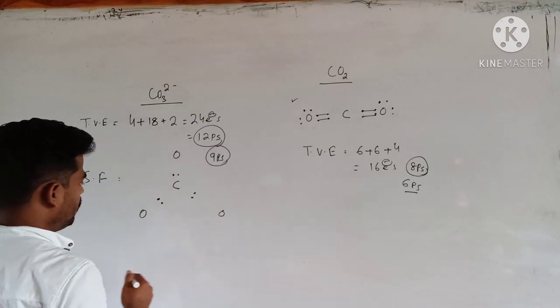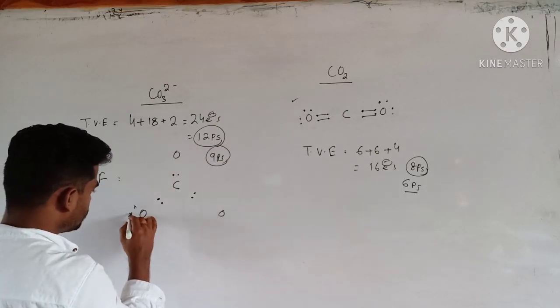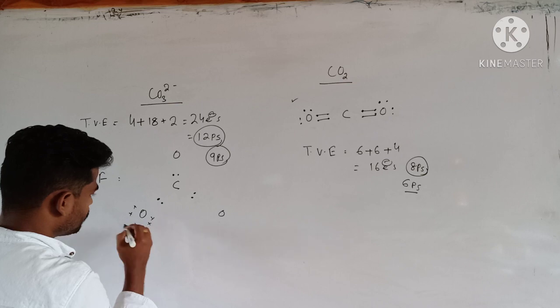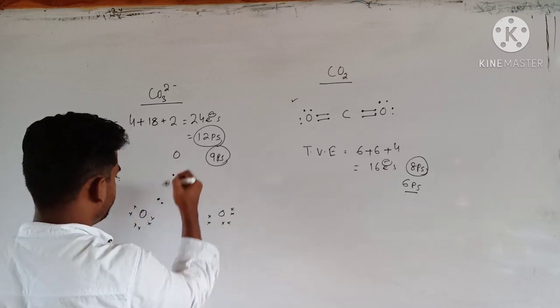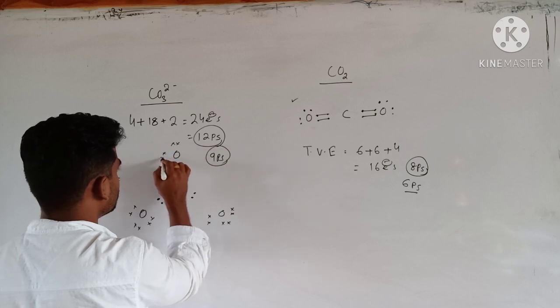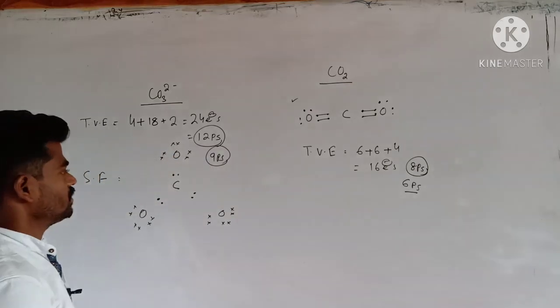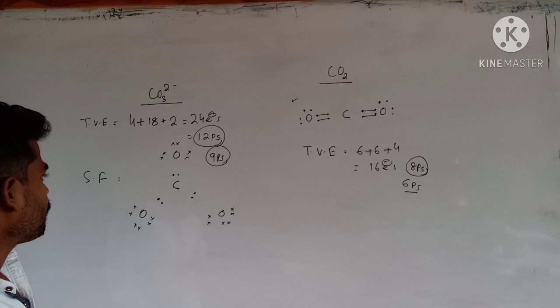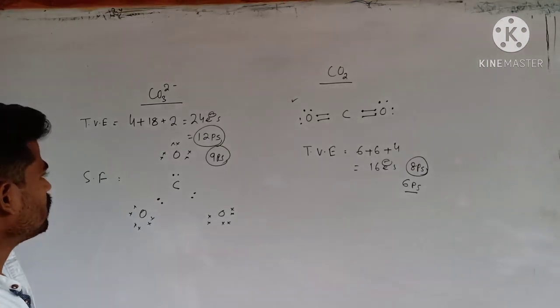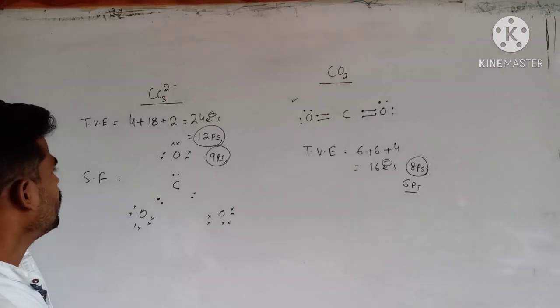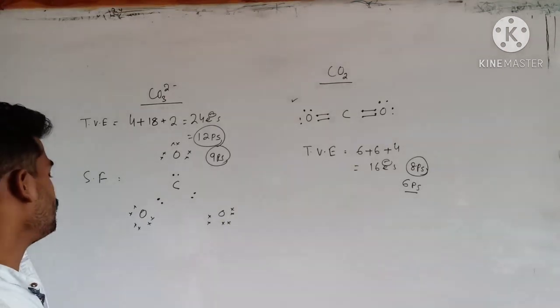So 9 pairs of electrons you can arrange like this, 3, 3, 6, and like this. Okay, so how can you do its structure so that every species can get 8 electrons among them?